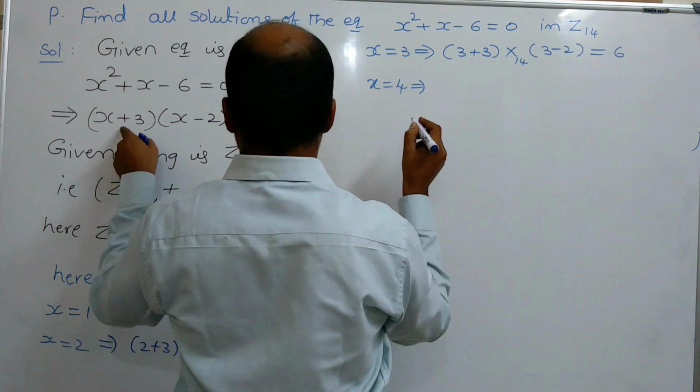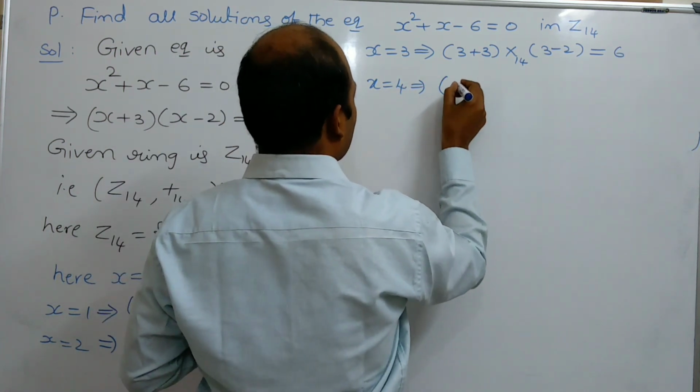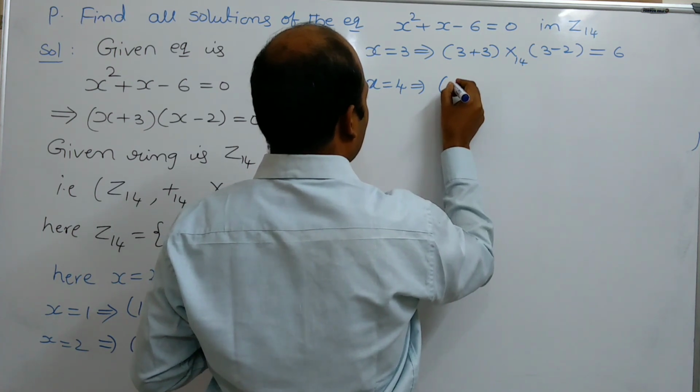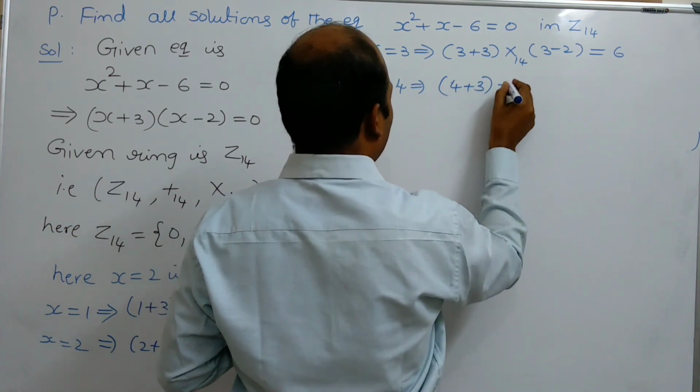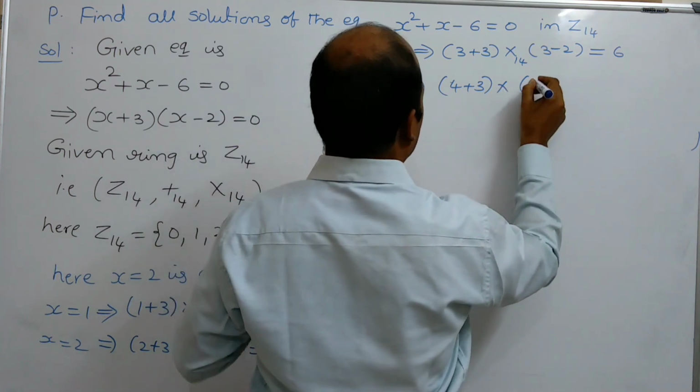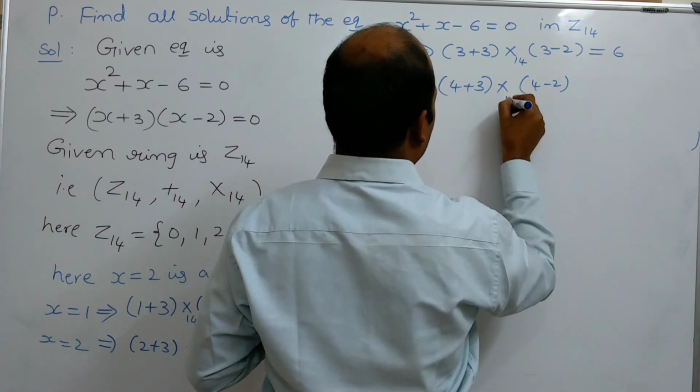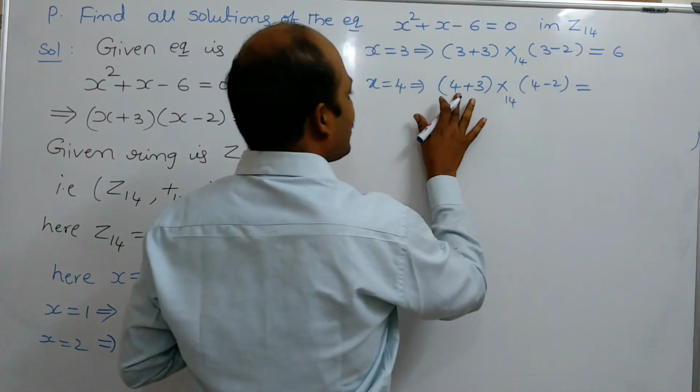You get 4 plus 3 into 4 minus 2, multiplication modulo 14.